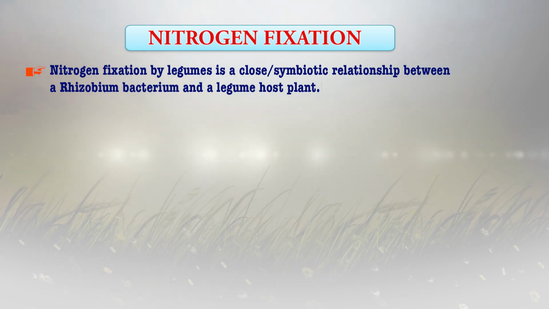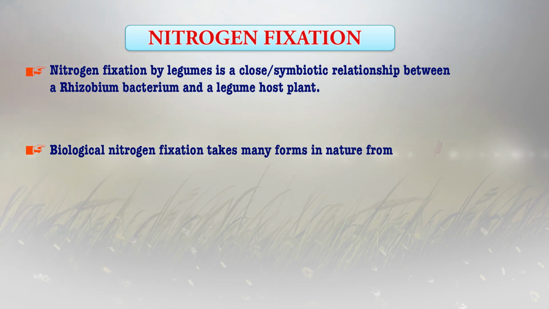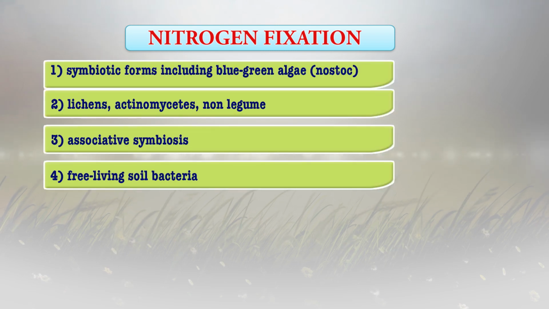Nitrogen fixation by legumes is a close, symbiotic relationship between rhizobium bacteria and a legume host plant. Biological nitrogen fixation takes many forms in nature, from symbiotic forms that include blue-green algae, lichens and actinomycetes in non-legume crops, which are associative symbioses, to free-living soil bacteria.